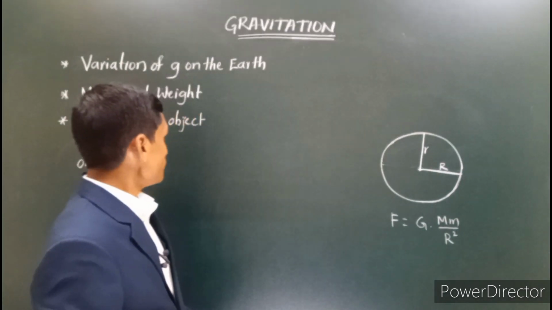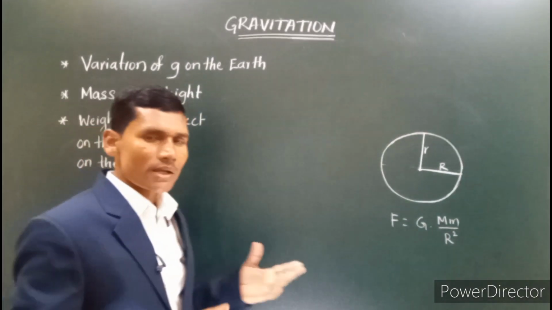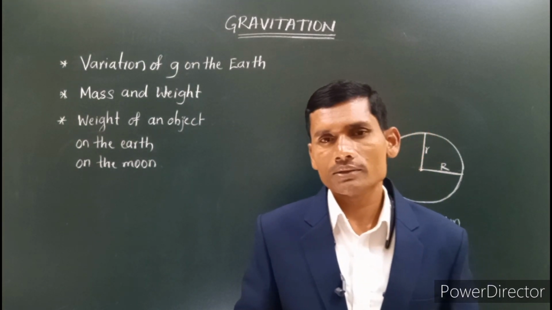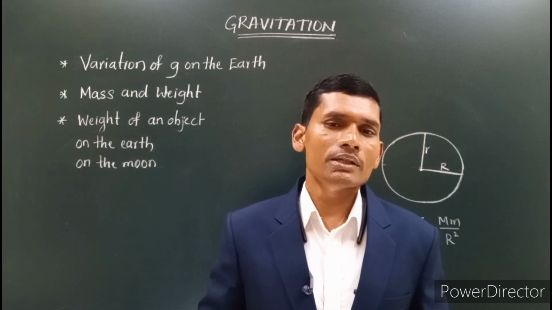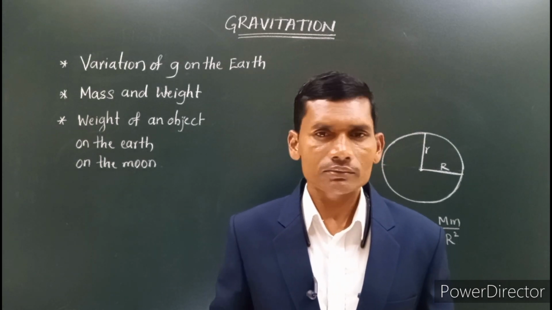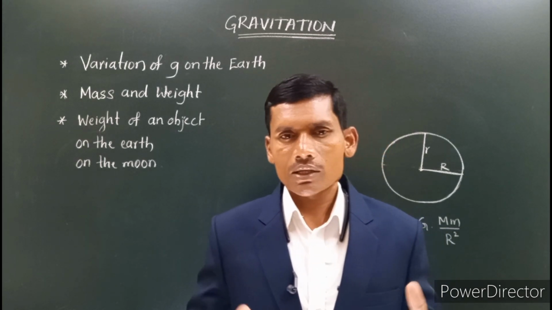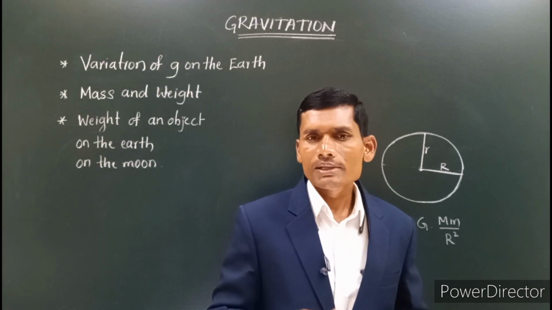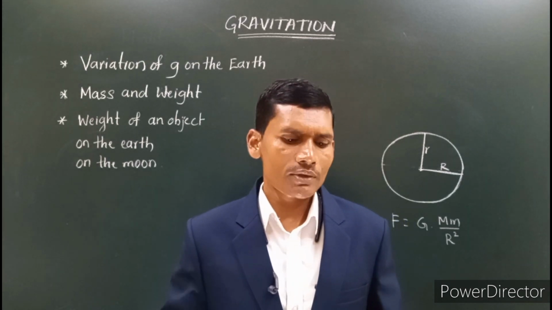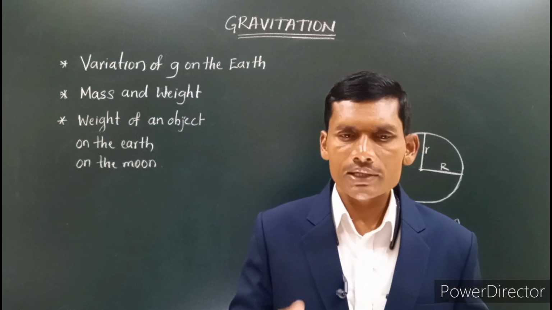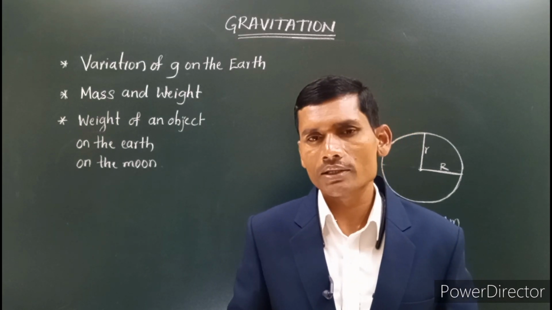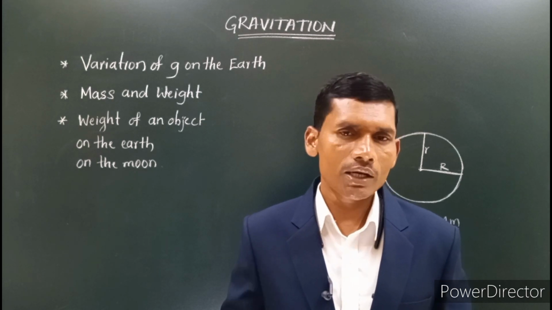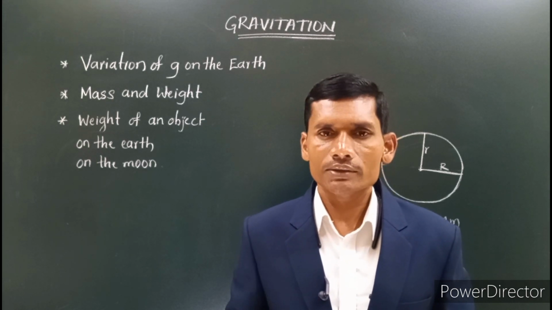Now coming to the next point, that is mass and weight. How do they vary then? What is mass? Mass is nothing but the quantity of matter. Very simple. The quantity of matter we can consider as mass. As we already studied in the second lesson of physics of class 9th, that is laws of motion and force, under that it is defined.